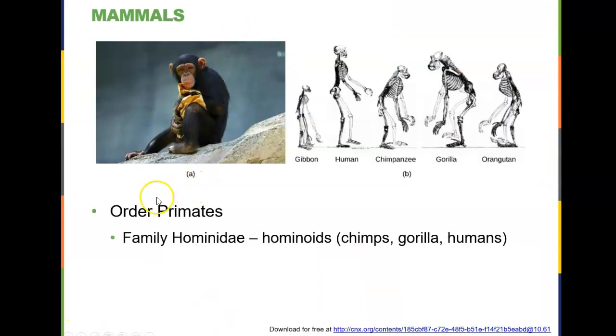And when we look at the primates that originate and then eventually lead to humans, we see that within the order of primates, we have the family Hominidae, the hominoids, and those include the chimps, the gorilla, and the humans.